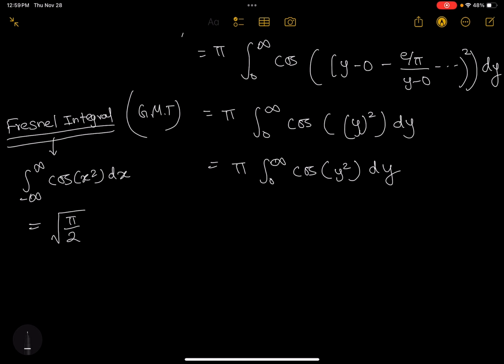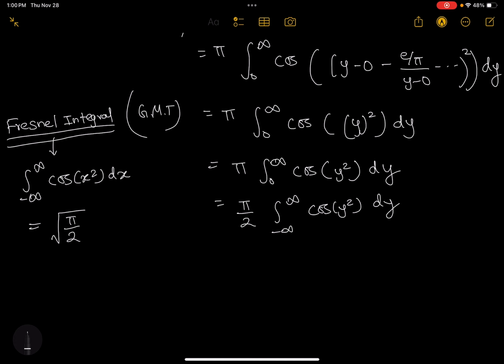Now, if you just know the Fresnel integral, first of all, since cos of y squared is an even function, because there's y squared in there, I can write it as pi by 2 times the integral from minus infinity to infinity of cos of y squared dy. I just extended the domain because it was an even function, and introduced pi by 2 because the values from minus infinity to 0 and 0 to infinity are the same.